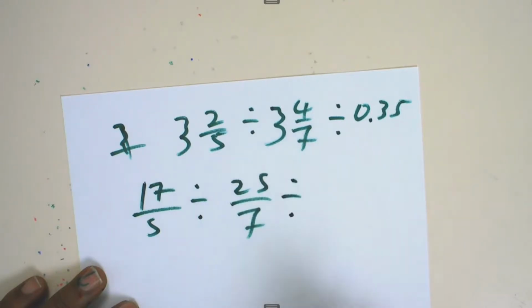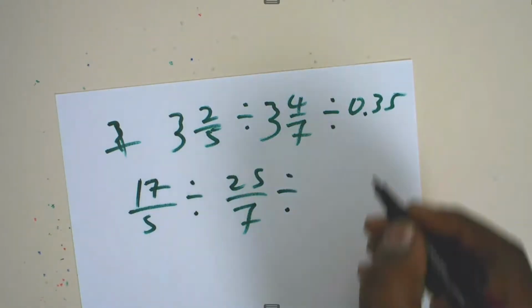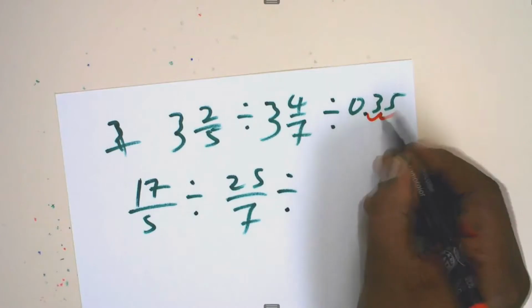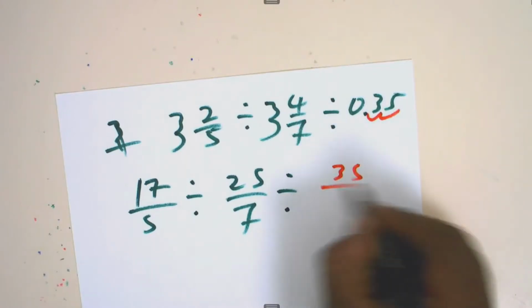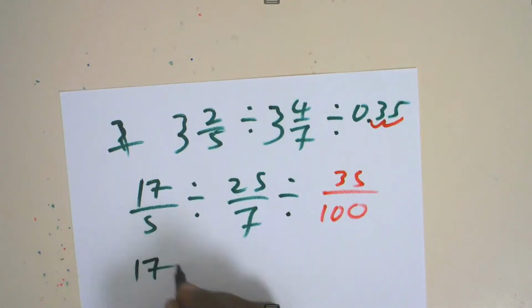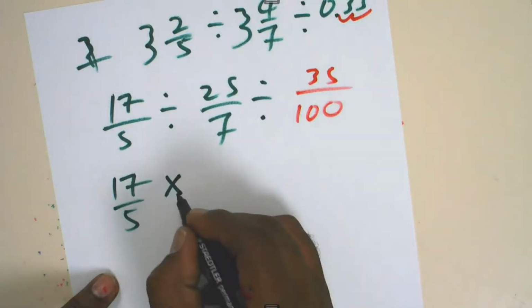Change it to a common fraction. We move it 2 times, so you divide it by 100 with 2 zeros, 35 over 100. 17 divided by 5. Remember, we change division to multiplication.